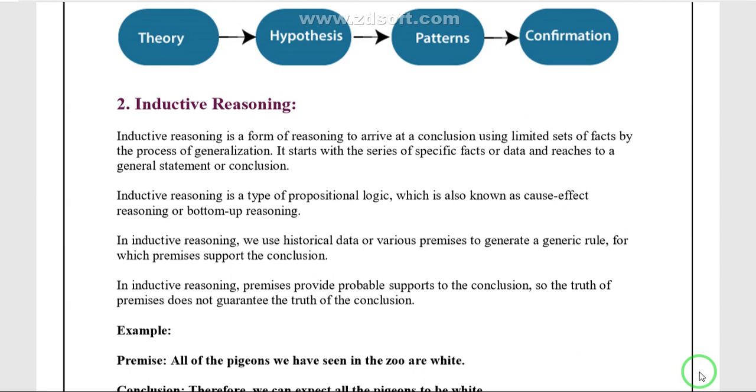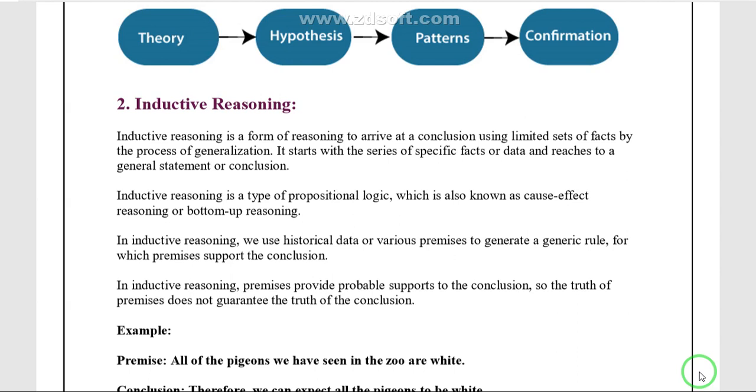In inductive reasoning, the statement may be right or wrong, whatever it is. Inductive reasoning is propositional logic, and it is cause-effect reasoning or bottom-up reasoning. We previously discussed propositional logic in an earlier unit. In inductive reasoning we use historical data or various premises to generate a generic rule.